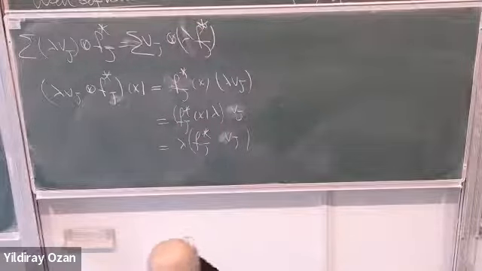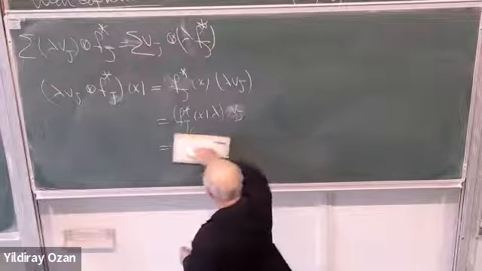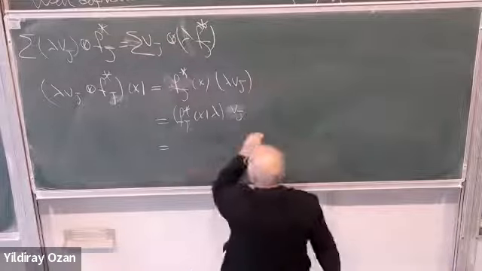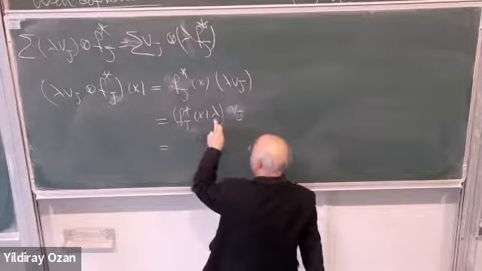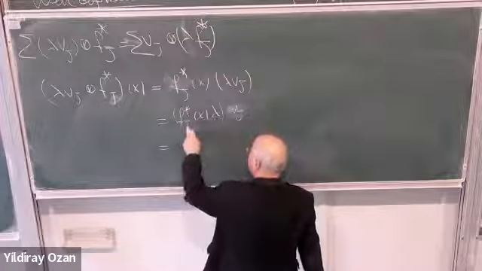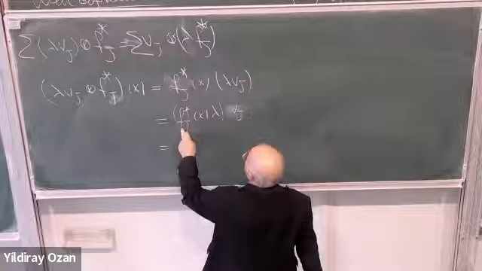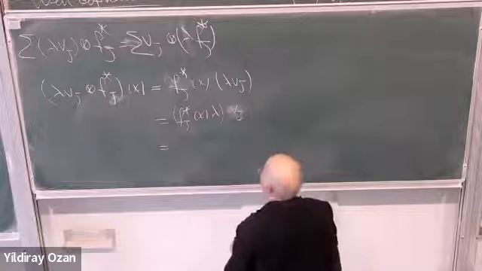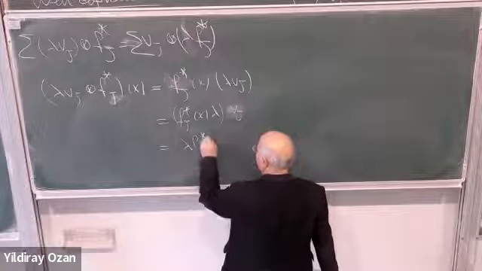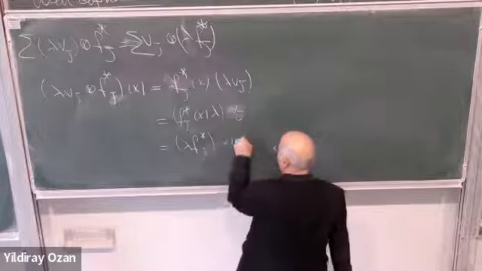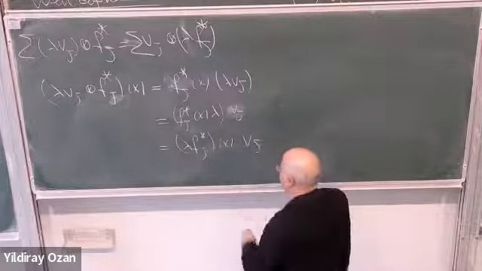Yok, böyle yazmak istemiyorum. Özür dilerim. Şöyle yazacağım. Şimdi bu lambda V_j'yi lambda scalar F_j is a linear map. So this can be written as lambda times F_j star applied to x. Okay. But what is this?